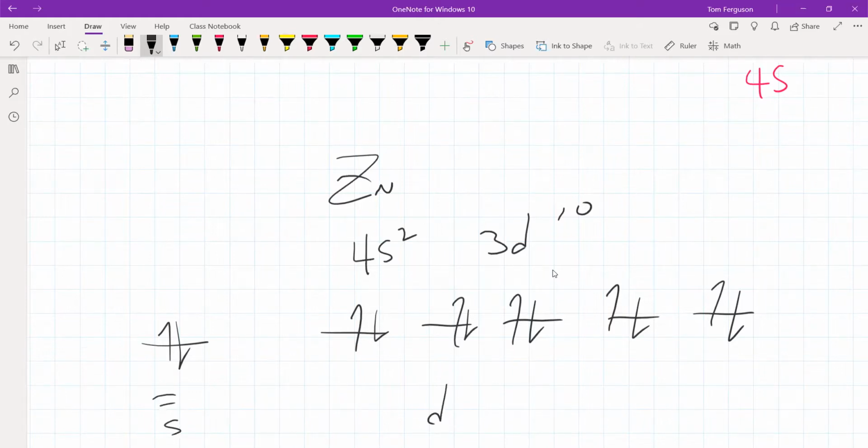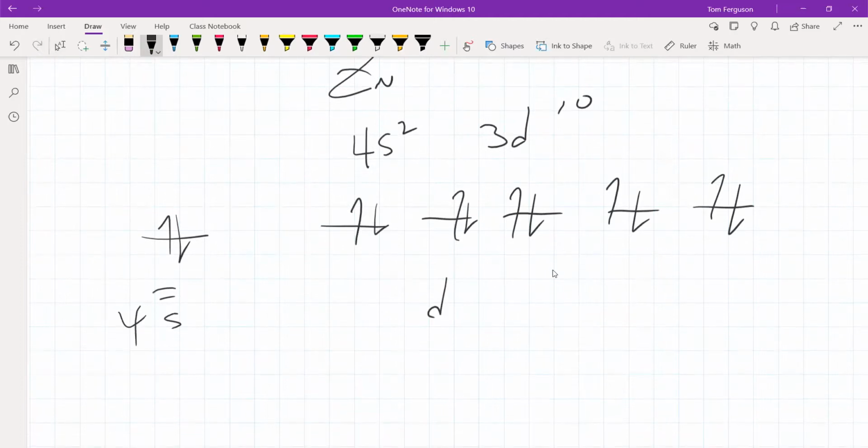It's got a full S subshell, full D subshell. So if it was going to form an ion, what would it be?